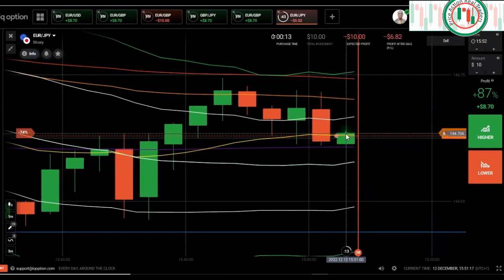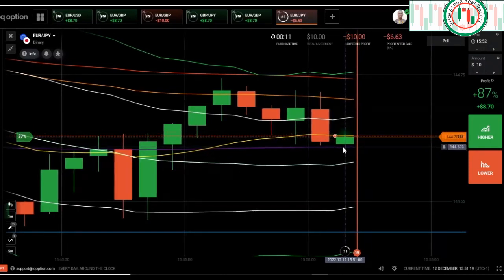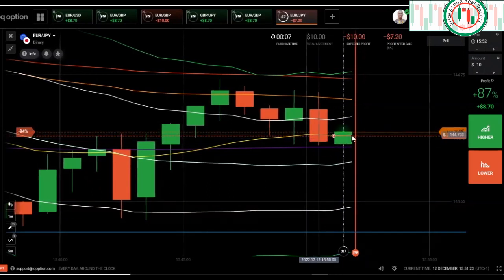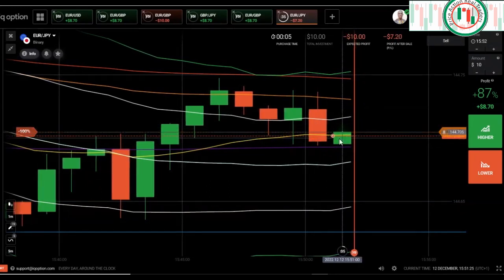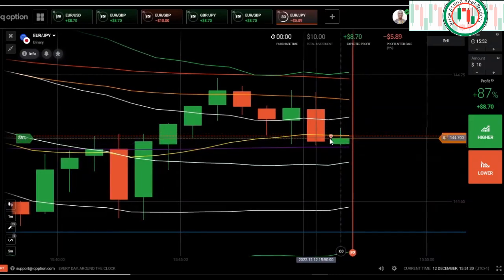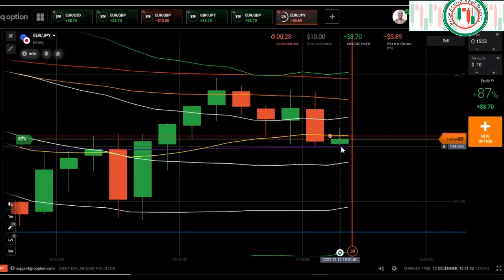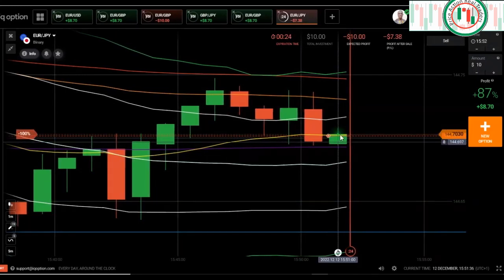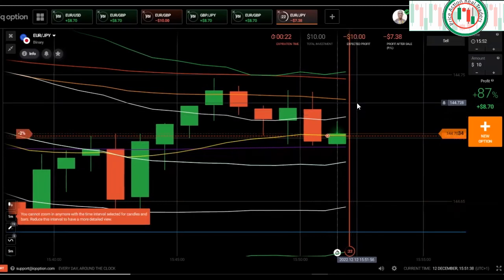We are between 20 MA and 200 MA, so you should expect market to create doji or wick candle here. So here market must break or close between this 200 MA and the 20 MA, definitely. So that's why I place my trade put option after rejection.